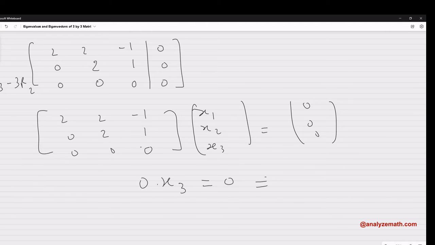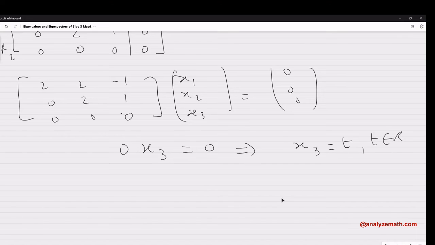And this equation tells me that x3 can be any real number. Let's call it t. t is any real number. Good. So, one component done. Let's go to this equation here. 0 times x1, 2x2 plus x3 equal to 0.